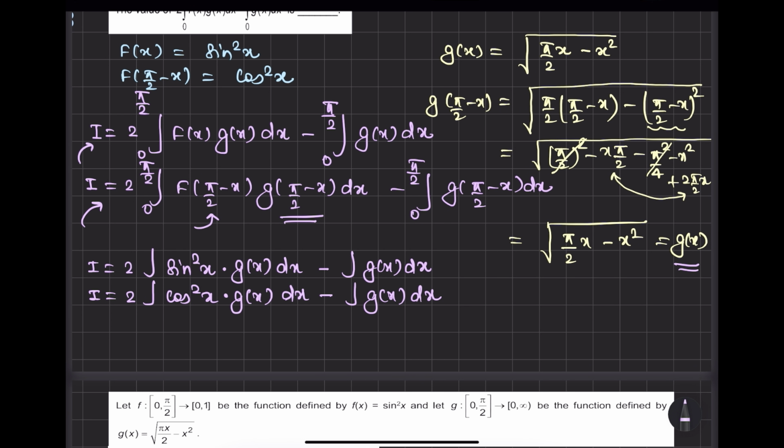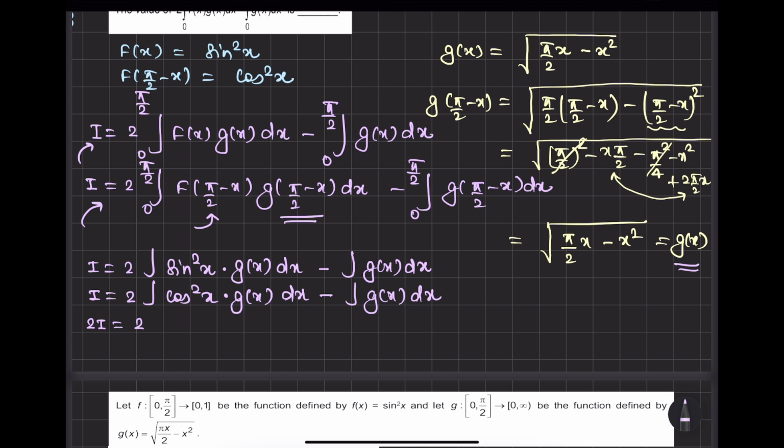Now what I will do is add both of them. So if you add, what will happen? Look here. You will have 2 times I is equal to these two things added. You know the upper limit and lower limit are the same, no? So you can directly club both of them and take 2 common.